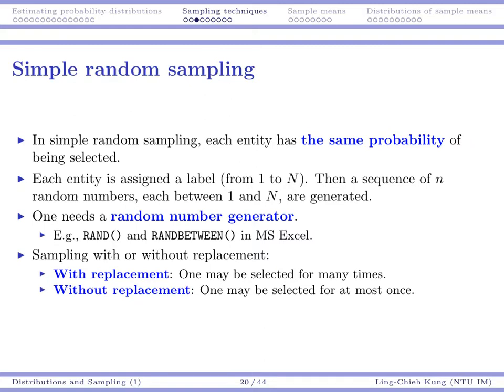In many cases, we don't want that to happen. Then we do sampling without replacement. That means each value may only be selected at most once. The chance for each value to be collected obviously depends on the way you do the sampling. So if you want to precisely describe a sampling process, you need to indicate which one you are doing.